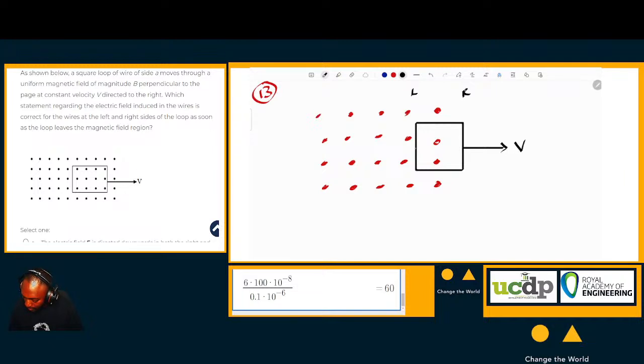So on the left-hand side, we expect the current to go downwards, right? Am I right? Yes, sir. On the left side, it will be going down.